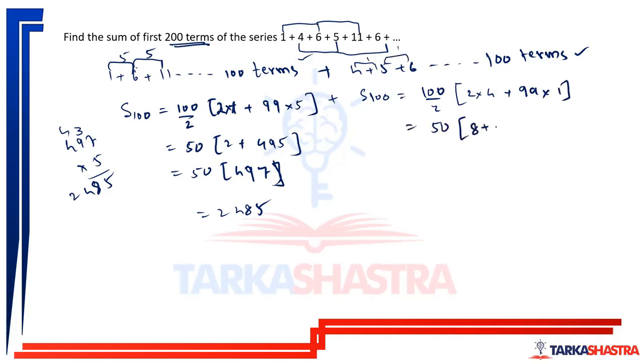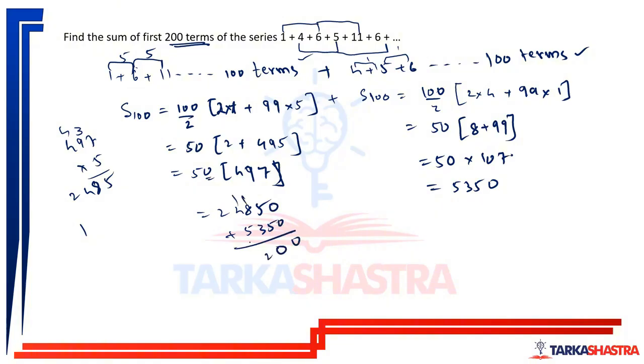This is 8 plus 99, that is 50 into 107. 107 into 5 gives 535, and this 0. Here 2485 and this 0, just add it. 5350 plus 24850 gives 30,200. 30,200 will be the answer.